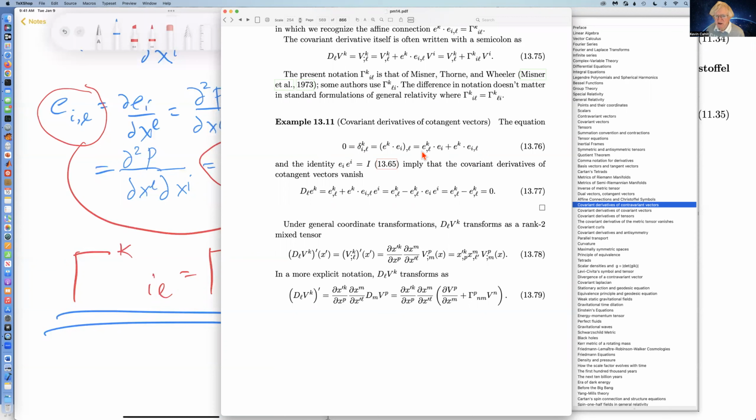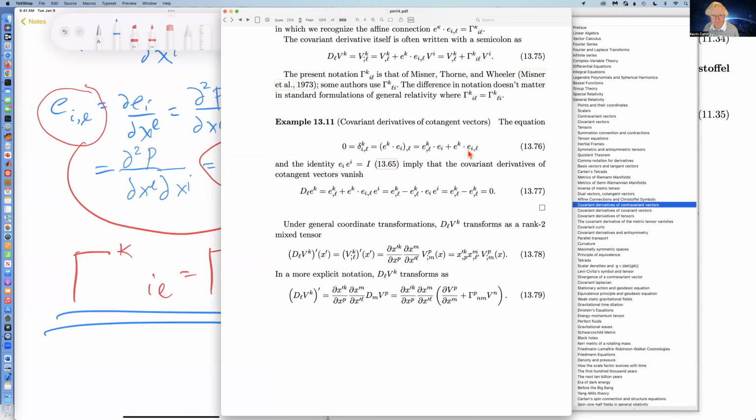This is used many times. The dot product of the kth cotangent vector with the ith tangent vector, the Lth derivative of it is the Lth derivative of the kth cotangent vector dotted into the ith tangent vector plus the dot product of the kth cotangent vector dotted into the Lth derivative of the ith tangent vector.